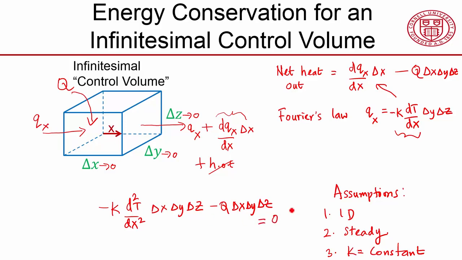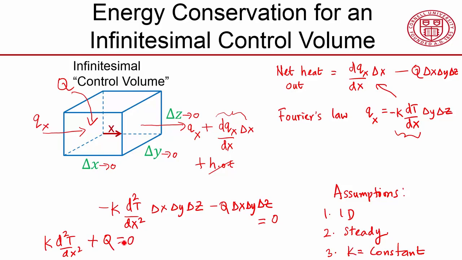I can divide through by delta x, delta y, delta z, and I'll get my final governing equation, which will look like k d squared T dx squared plus Q is equal to 0.